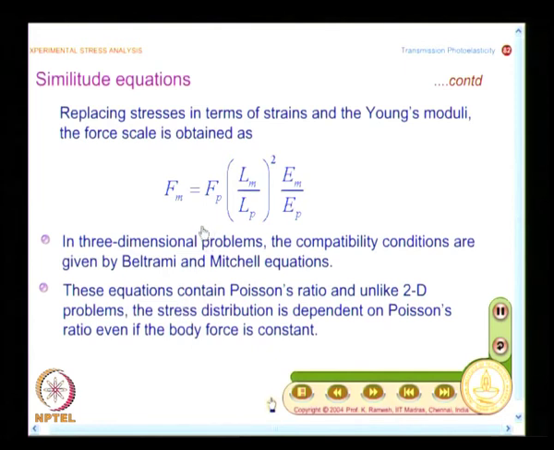And what you find here is, by using this scale for finding out the force to act on the model, we maintain certain kind of similarity on the strain levels. And mind you, this is obtained with the assumption that Poisson's ratios are same. So, it is not going to be same between the model and the prototype. We need to keep that also in mind when we are looking at the model study.